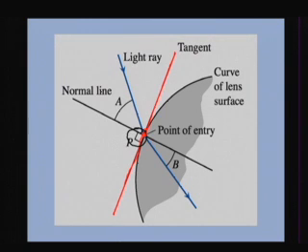It's perpendicular to the tangent. And then what happens is, depending on the curvature of the lens, you get a different light ray coming in and coming through the surface at some particular angle that's based on the surface curvature.